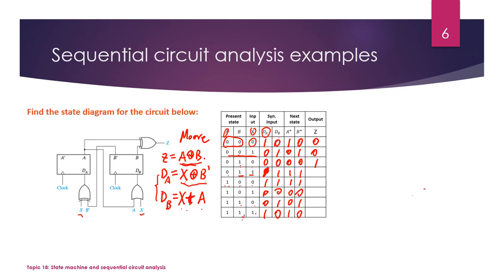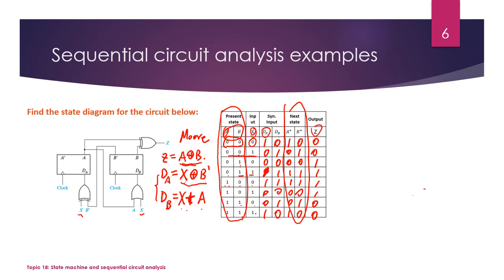For Z, A XOR B. So compare the first two columns. If they are different, we put 1. If they are the same, we put 0. That's it. Okay, so then we got the values for the present state and the next state, depending on the X input. And we have the Z value too.